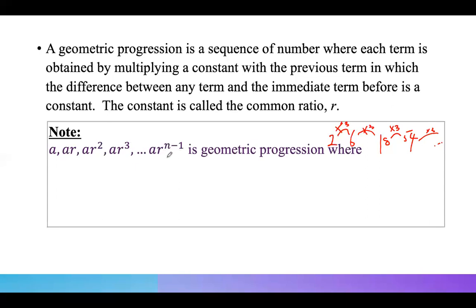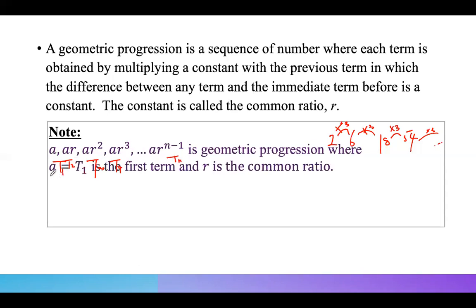So this is Tn, this is T4, this is T3, T2, T1. Term 1, term 2, term 3, term 4, and Tn. Where A is T1, the first term, and R is the common ratio, right?